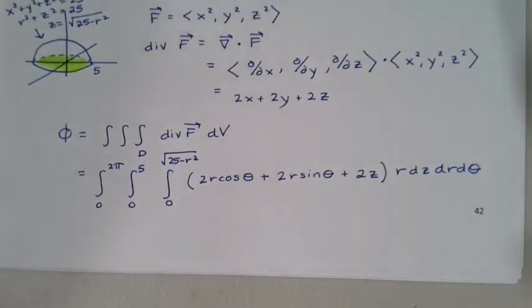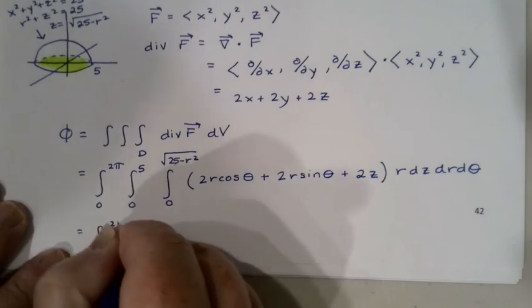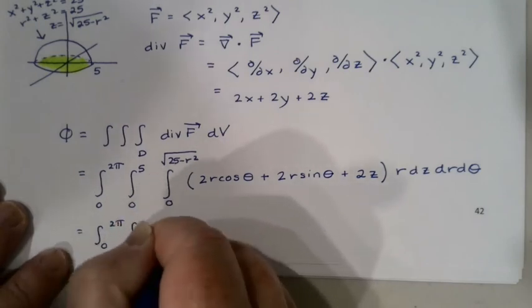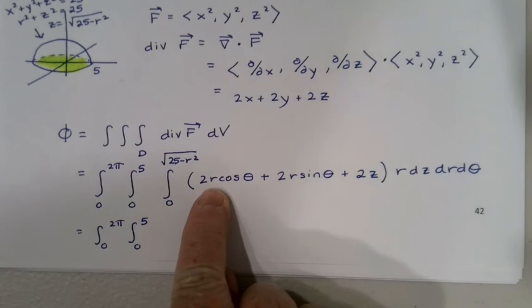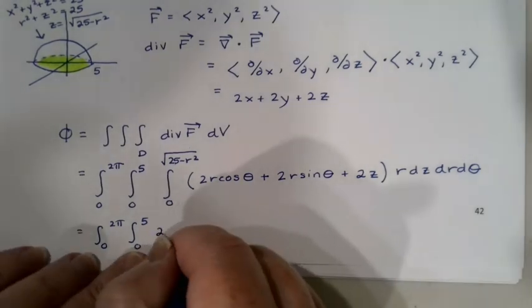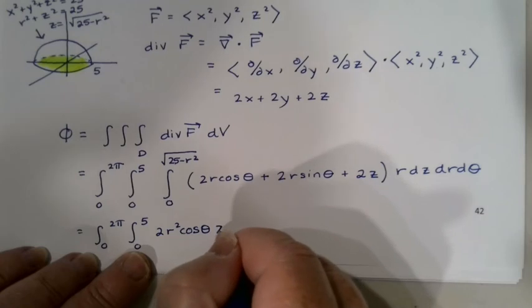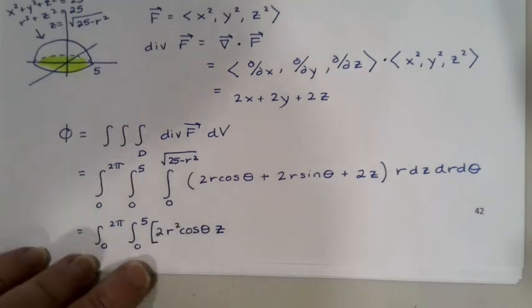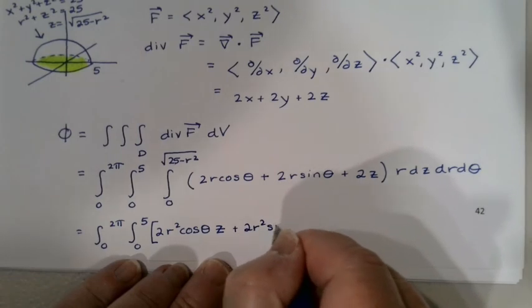All right. I think probably the first thing I'm going to do is two things at once here. I'm going to try to integrate with respect to z, and I'm going to distribute this r at the same time. So I would get a 2r squared cos theta, integrating with respect to z is just going to put a times z on that, and a plus 2r squared sine theta.